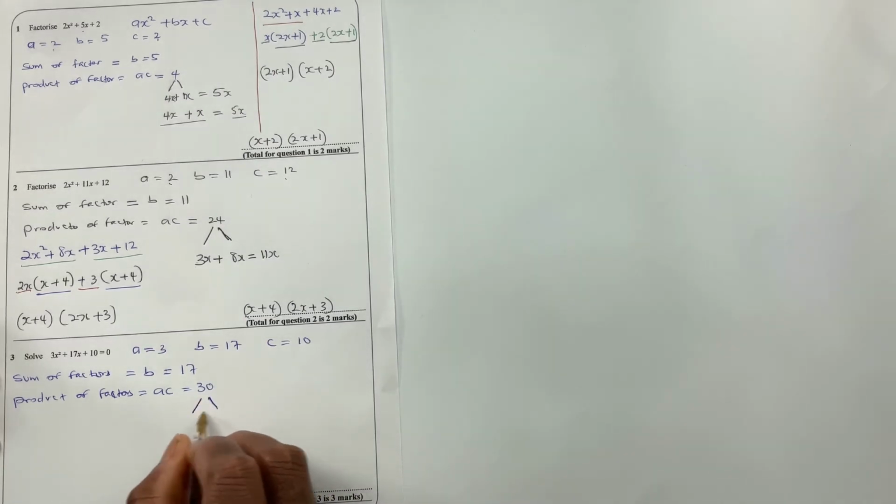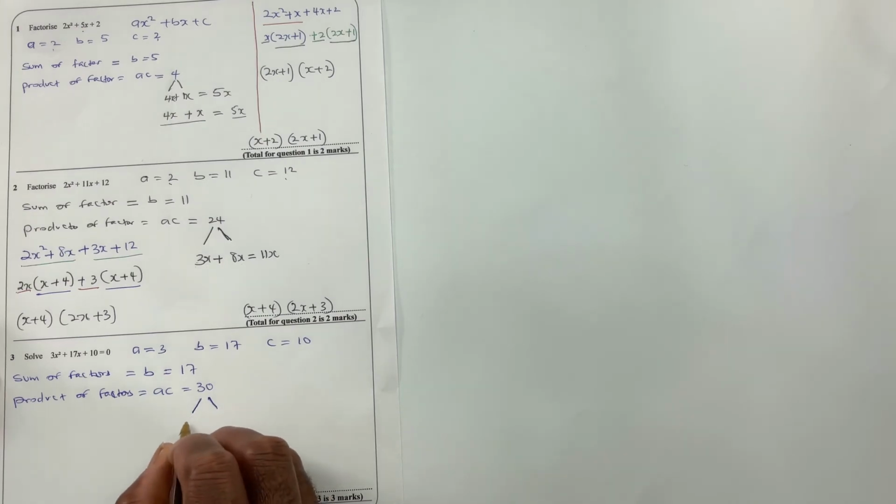When I multiply them together, they should get 30, and if I add them together, they should get 17. So I'm looking for numbers that multiply together to get 30, and when I add them together, I get 17.